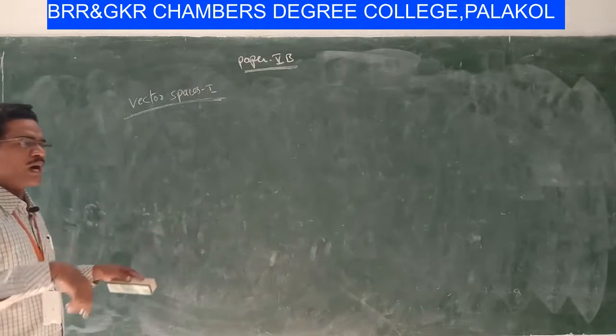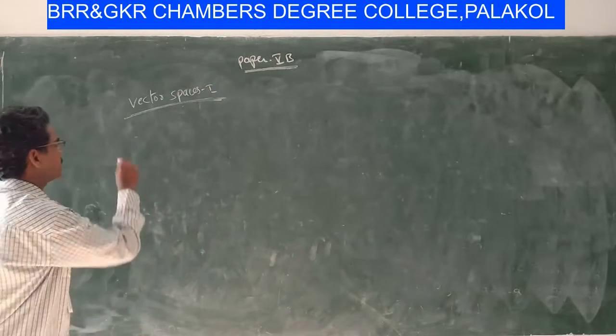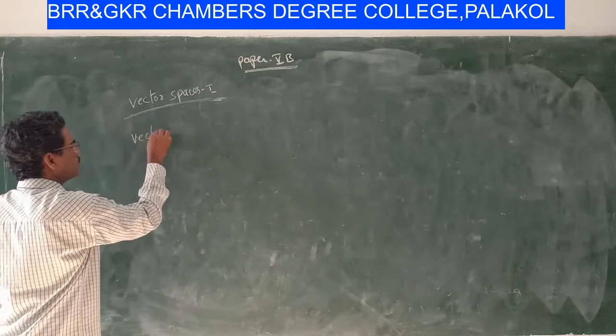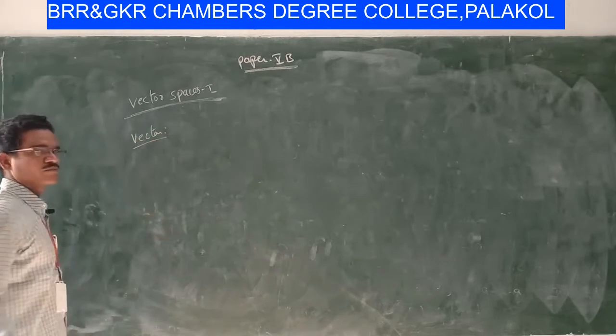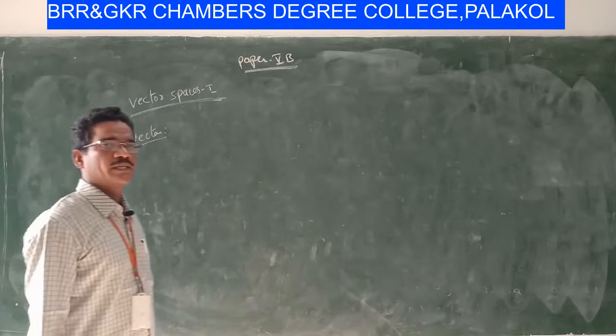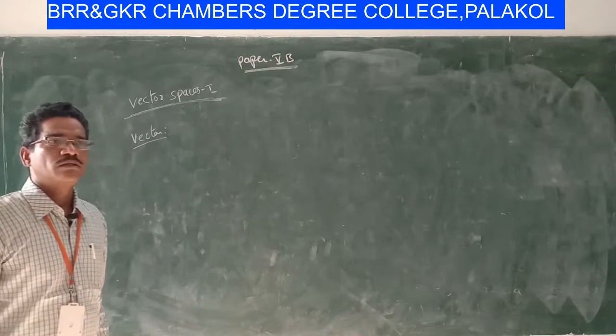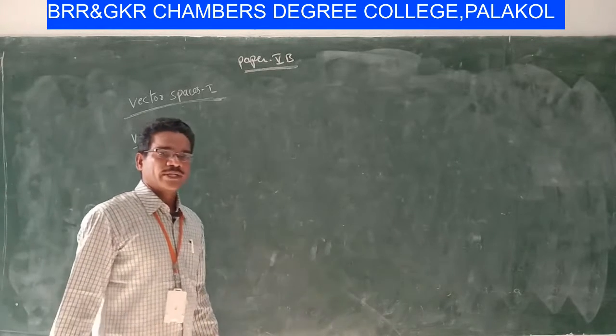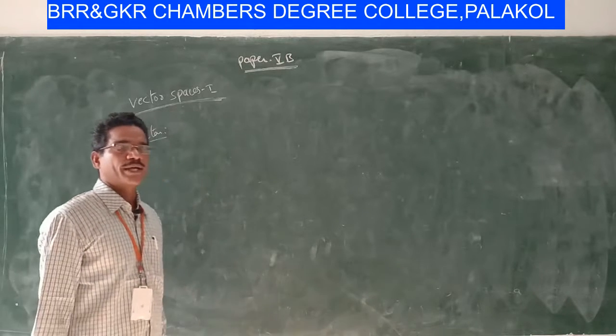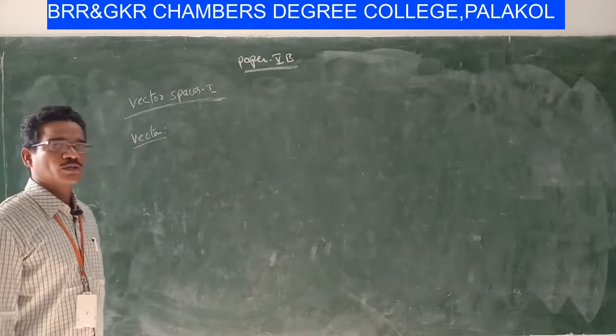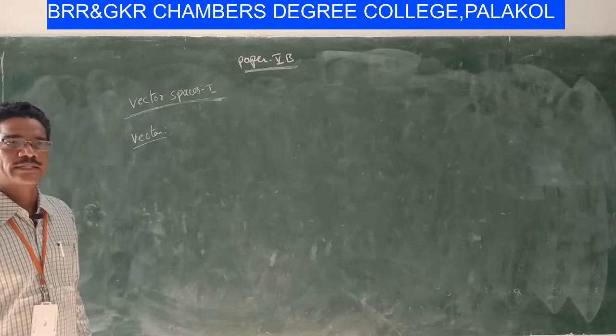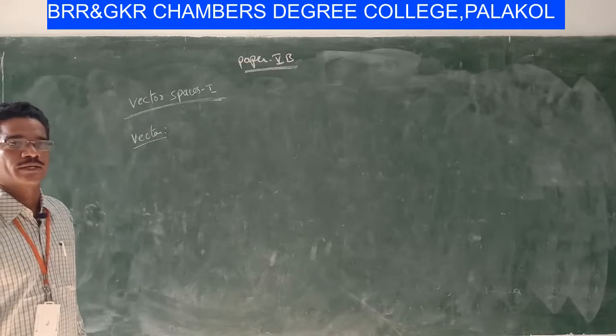Here you already know about a vector. What is the meaning of vector? A vector means a physical quantity which has both magnitude and direction. Both magnitude and direction is called a vector.